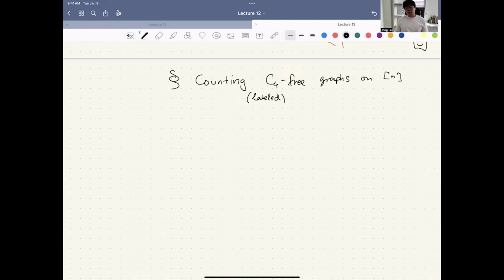So let's recall how large can the C4-free graphs be? Number of edges.